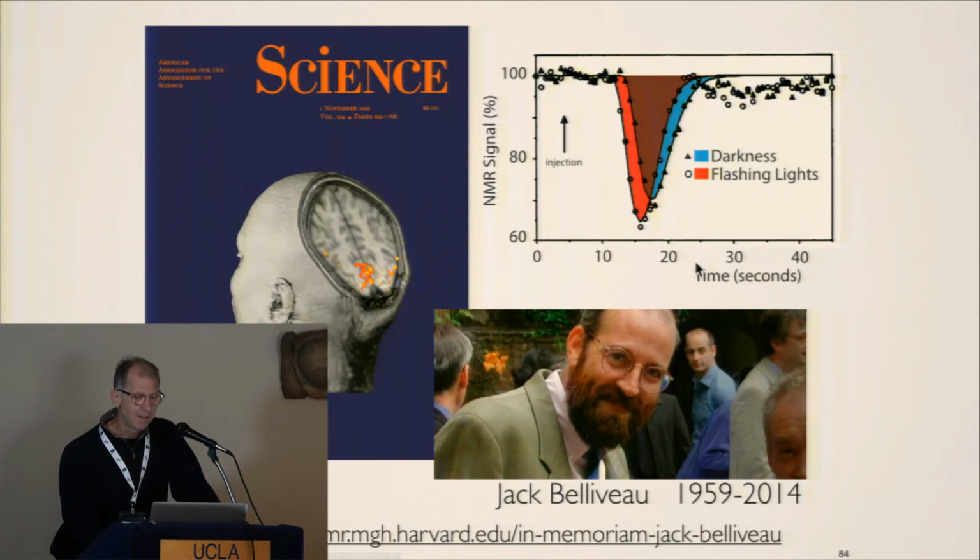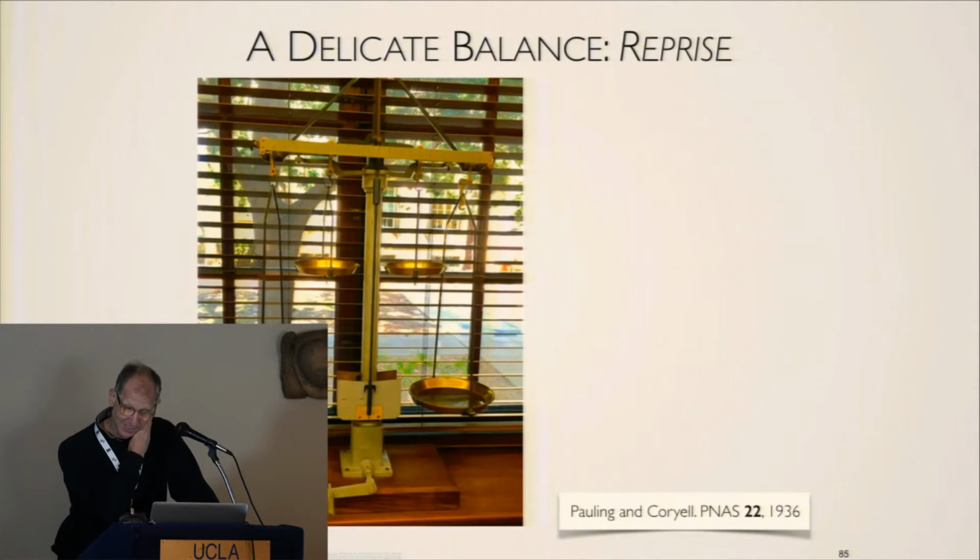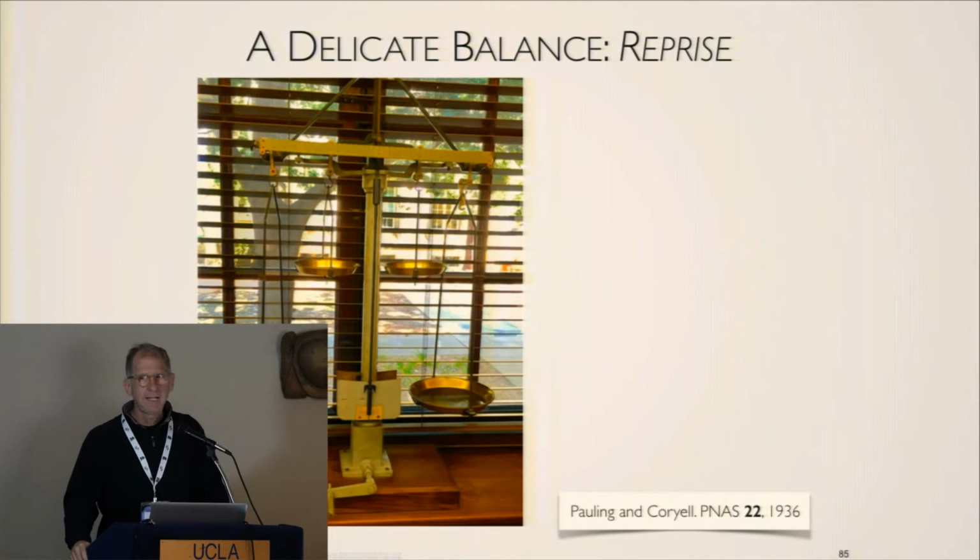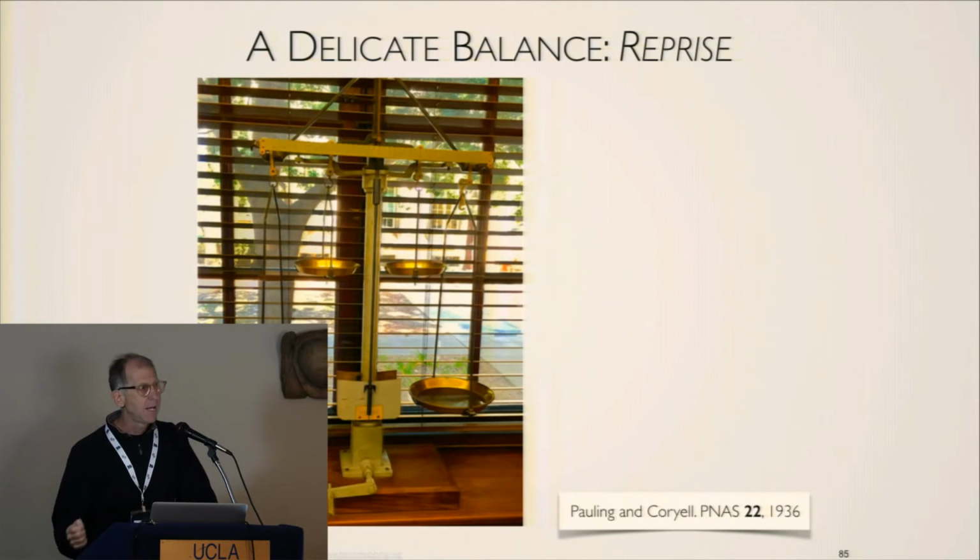Now, I talked about Mosso's balance. Here's another balance. This is the balance owned by Linus Pauling. It presently sits inside the president's office at Caltech. And an interesting thing about this balance is that Pauling, who is a chemist, realized that when oxygen binds to hemoglobin and iron, it has the possibility of disturbing the spins of the electrons in the iron, a consequence of which is you change the magnetic properties of the iron.